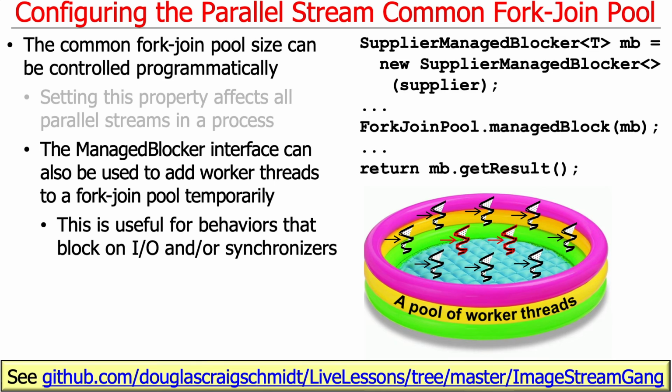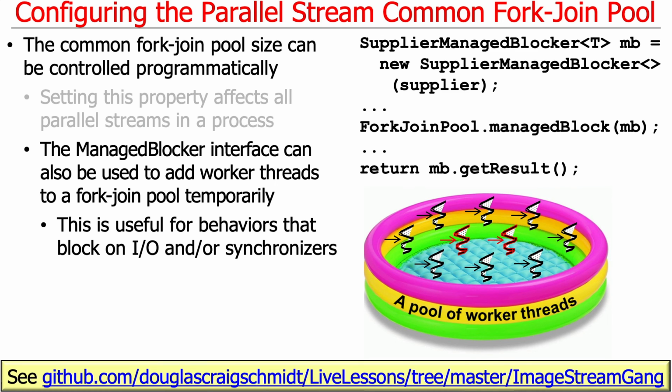This is particularly useful for behaviors that block on I/O or synchronizers, thereby making parallel streams useful for non-compute-bound operations. There's a common misconception that the fork join pool, and by extension the common fork join pool and parallel streams, only work for compute-bound tasks.